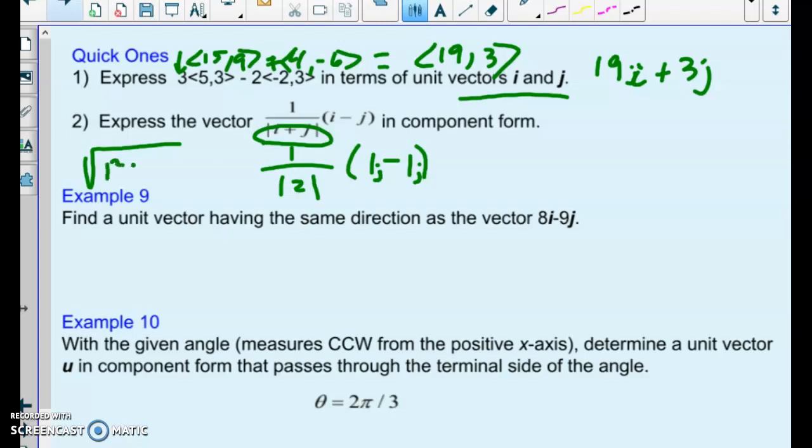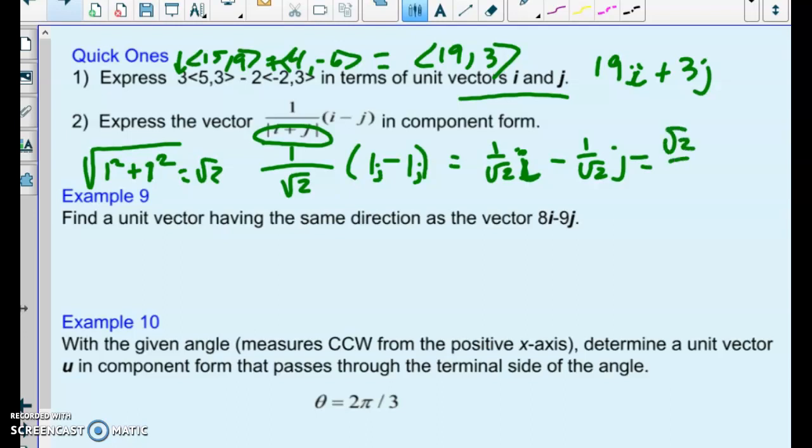So I'm going to say 1 squared plus 1 squared gives me square root of 2. So that would be the square root of 2. And so when I simplify this, I get 1 over the square root of 2 i minus 1 over the square root of 2 j, which is the same as root 2 over 2 i minus root 2 over 2 j. So that's just going the diagonal. Okay?